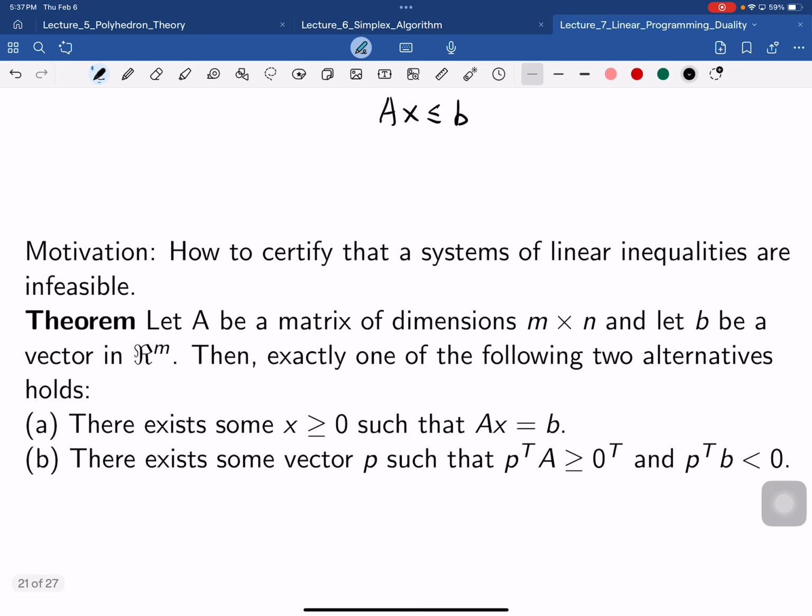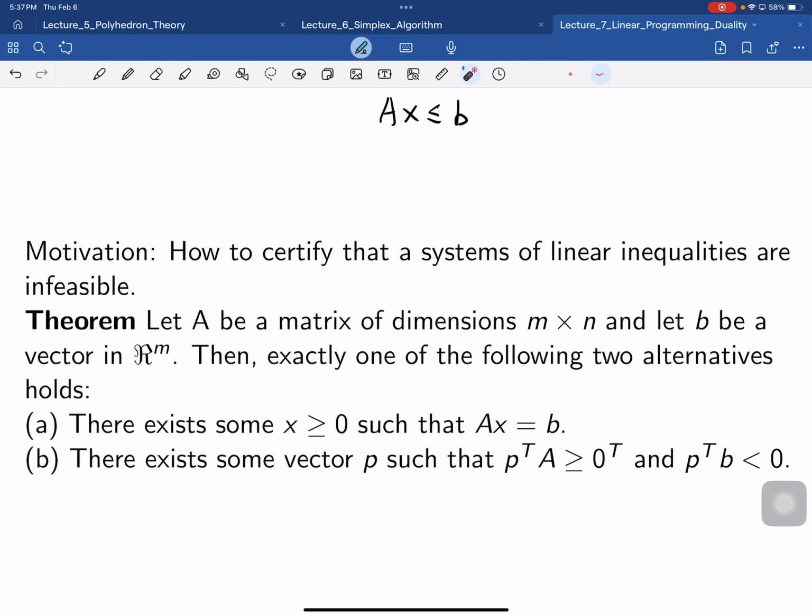Now let's look at this theorem and think about how we can use that, right? So it says if A is a matrix of dimension m times n, b is a vector in R^m, then exactly one of the following two alternatives holds, right? Only one of A and B can hold true. So the first, A, is saying there exists some x greater than or equal to 0 such that Ax equals b, right?